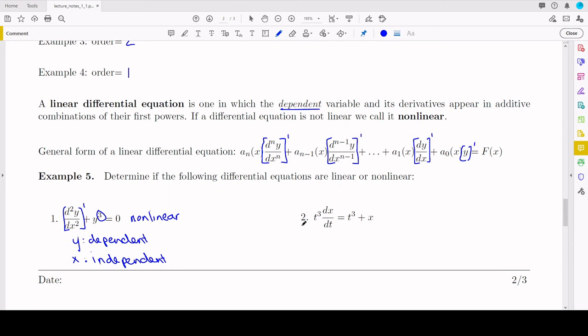So before we do this next problem, maybe it's a good idea to figure out what is the dependent variable and what's the independent variable. So x shows up on top, so that's the dependent variable, and then t is the independent variable.